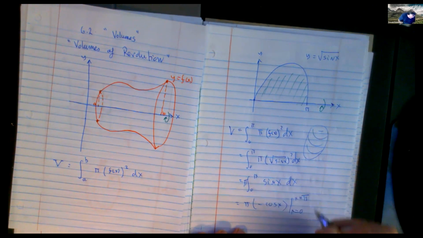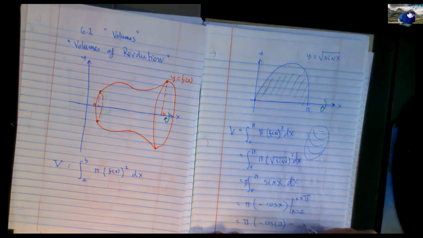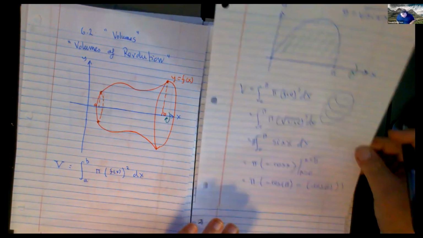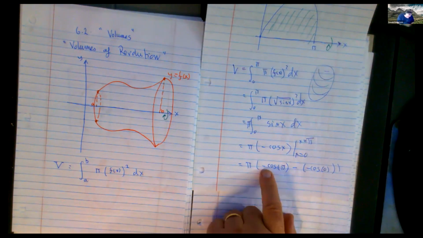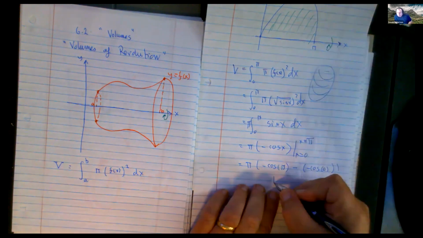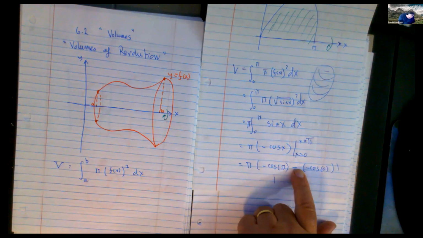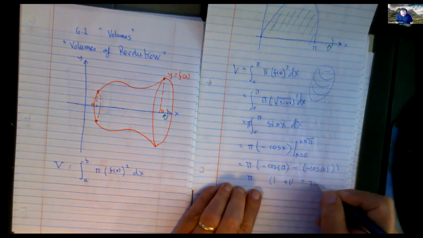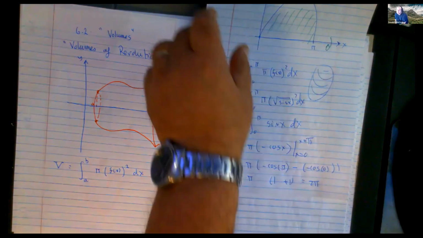So it's going to be negative the cosine of pi, take away negative the cosine of 0. A lot of negatives floating about here, so I should be careful. Isn't the cosine of pi -1, so the negative of -1 is 1. The cosine of 0 is 1, but negative that is negative, and two negatives make a plus 1. And it's a very elegant answer. The volume of that shape that I just created is just 2 pi.